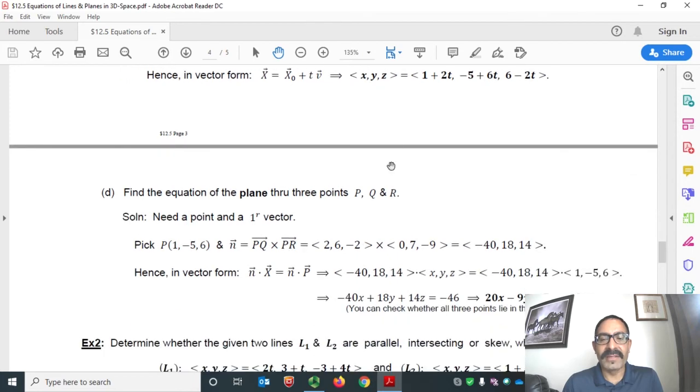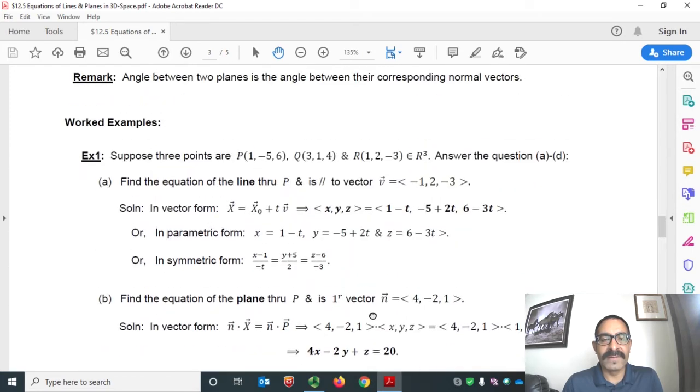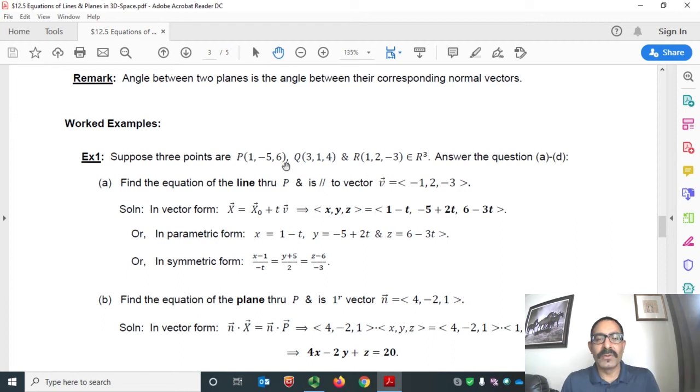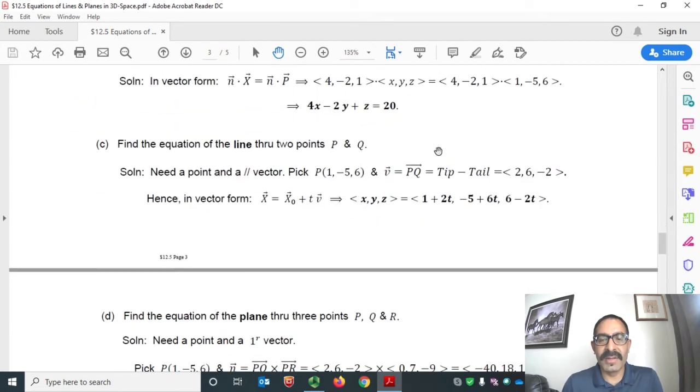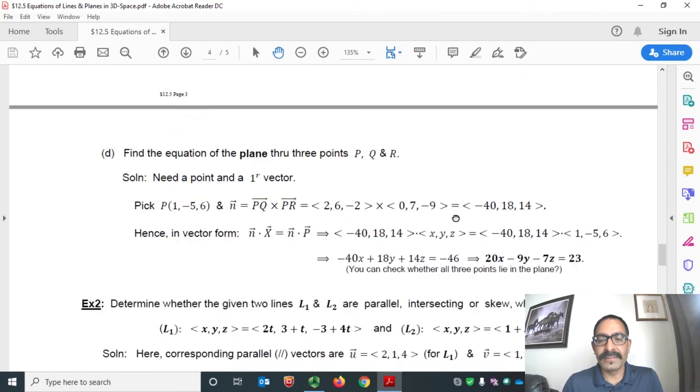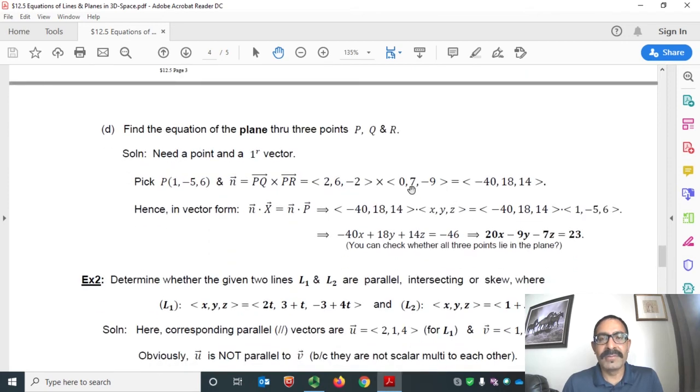And for the PR vector, use the tip minus tail formula again. So the PR vector is (1 minus 1, 2 minus minus 5, minus 3 minus 6), so (0, 7, minus 9). Then take the cross product of these two vectors. We know we take a cross product using a 3 by 3 determinant.